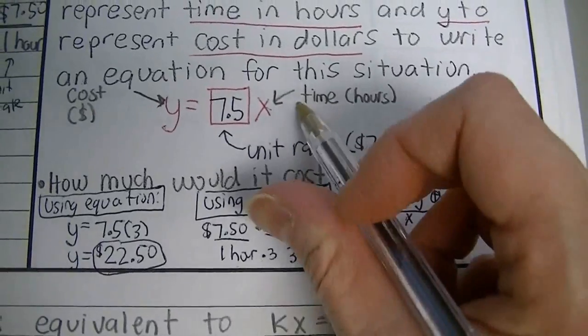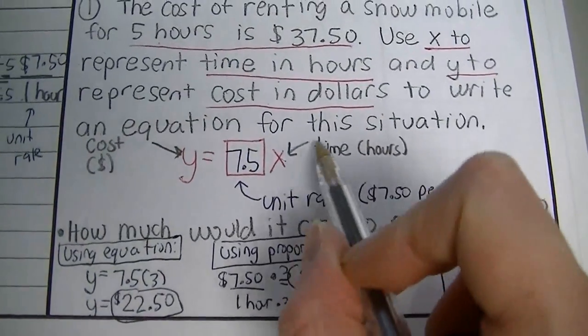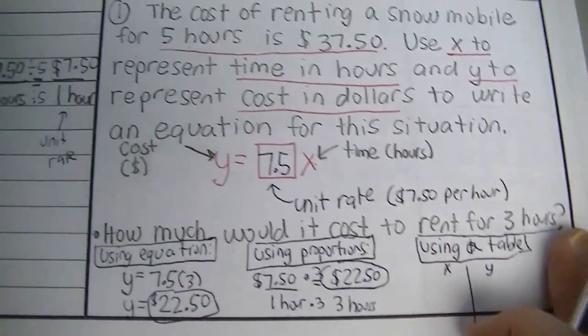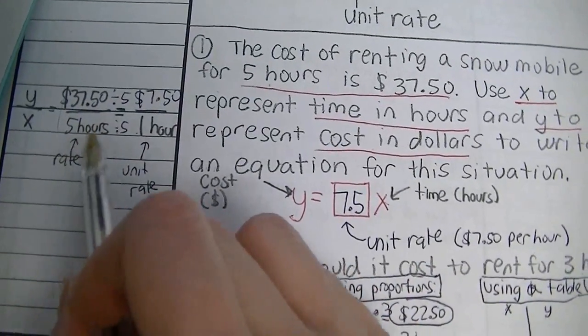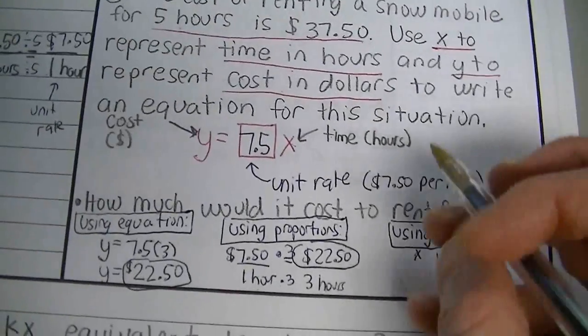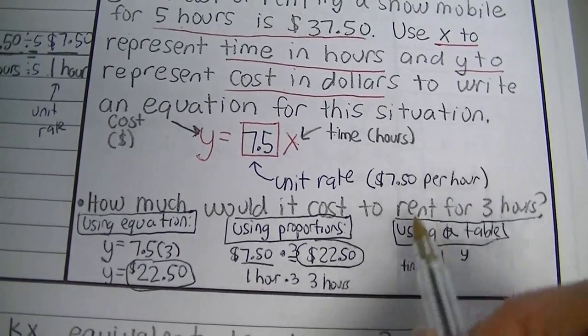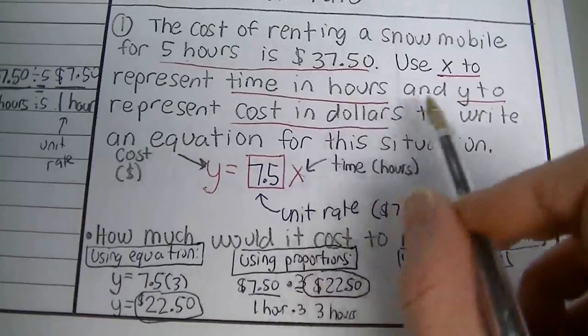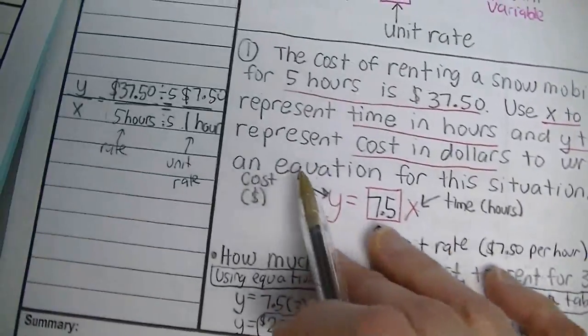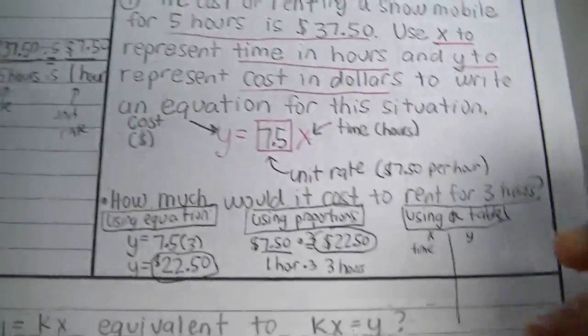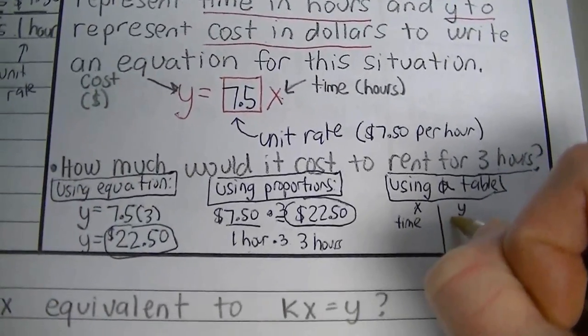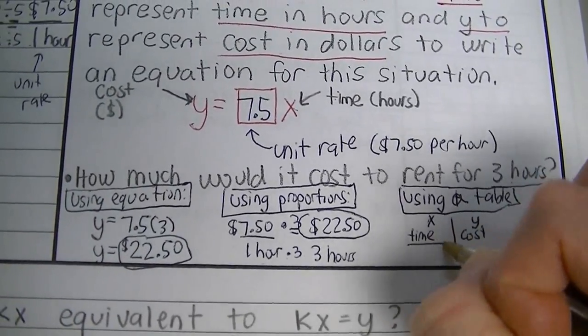So x represented time, and if you're like, oh, I forgot what x represented, it's right there. It's also up there. It's also over here. Okay, so x represents time in hours. Y represents, well, let's look. Oh, cost. So see how it's very consistent with what you've already labeled.